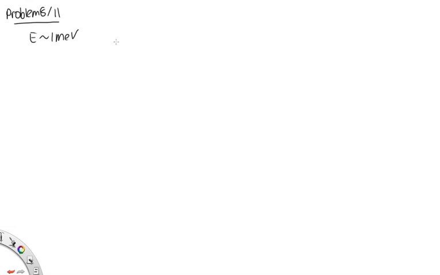i.e. we're meant to work out what delta E over E is equal to. So we've got E, so we've got to work out the uncertainty in E. So we can use Heisenberg's uncertainty principle that delta E delta t is greater than or equal to h bar on 2. So we've got that delta E is similar to h over 4 pi delta t.